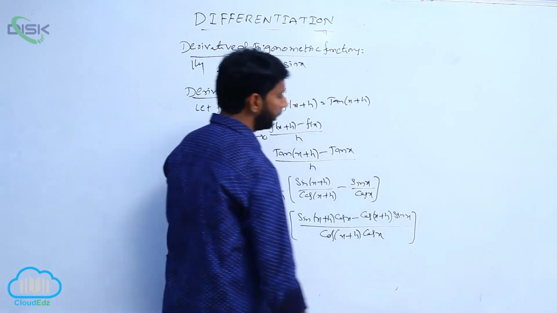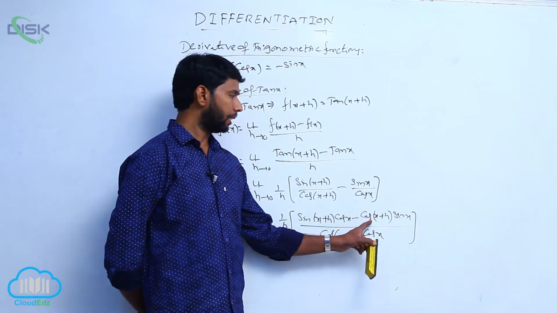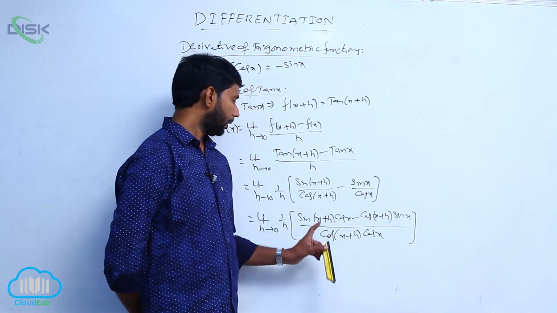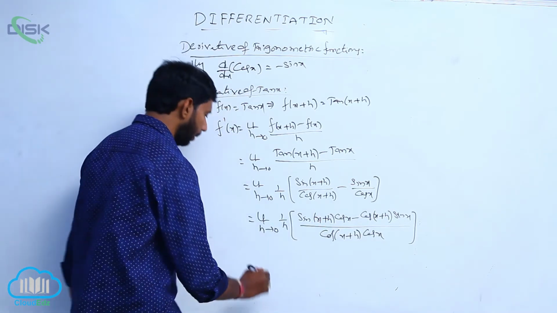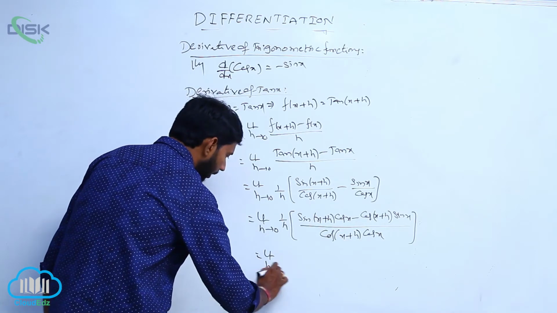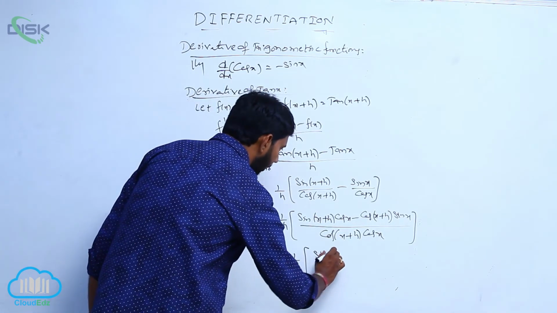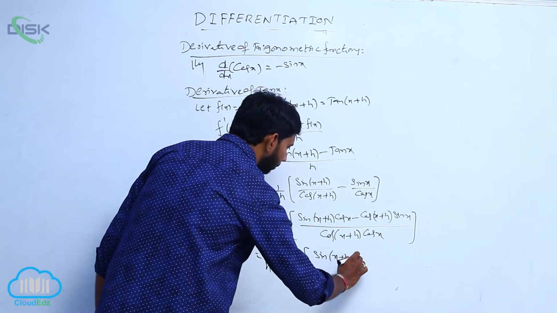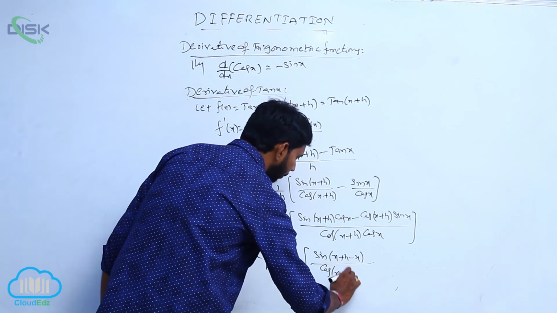The numerator is of the form sin a cos b minus cos a sin b, that is sin of (a minus b). That is the limit h tends to 0, 1 by h into sin of (x plus h minus x) by cos of (x plus h) into cos x.